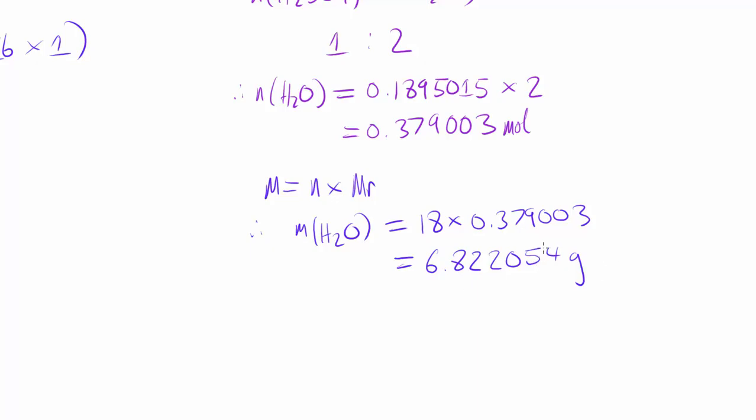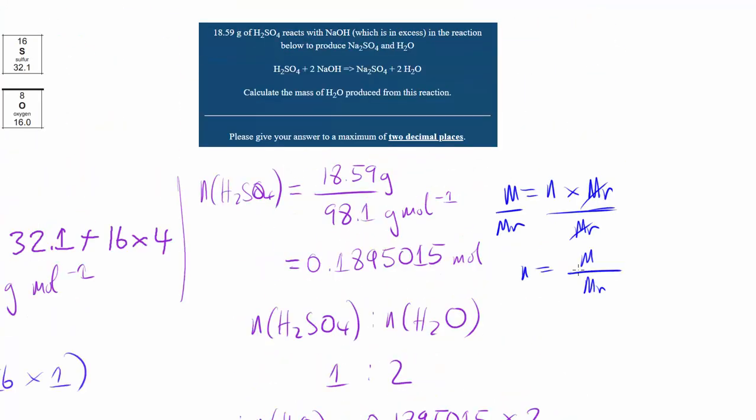Okay, so this is the value we've calculated so far. Let's check what the question actually asks us to do. The question says, calculate the mass of H₂O produced. Please give your answer to a maximum of 2 decimal places.